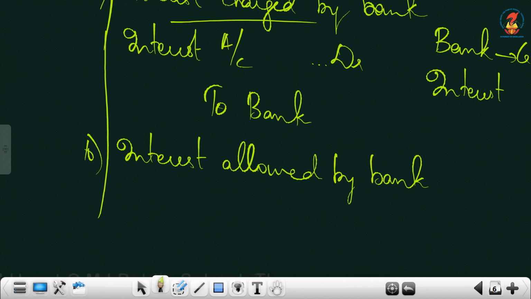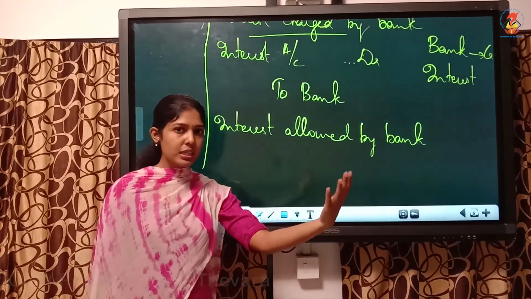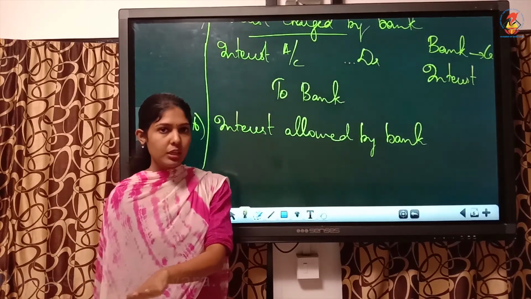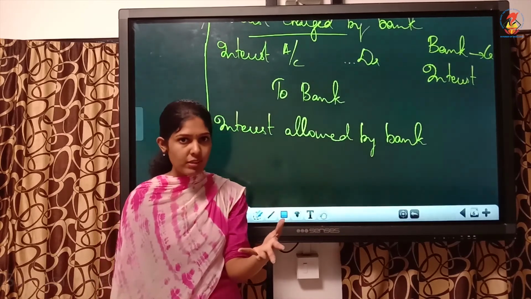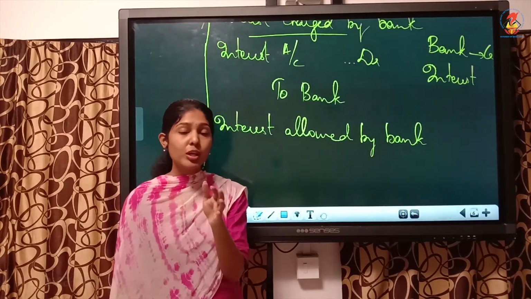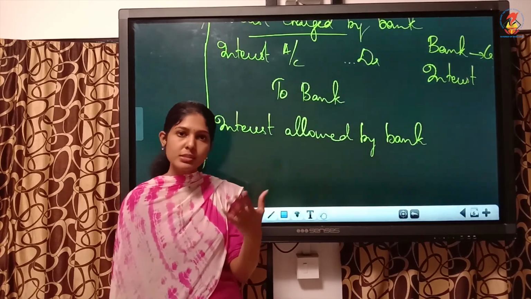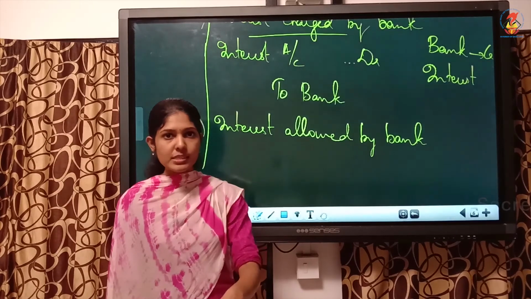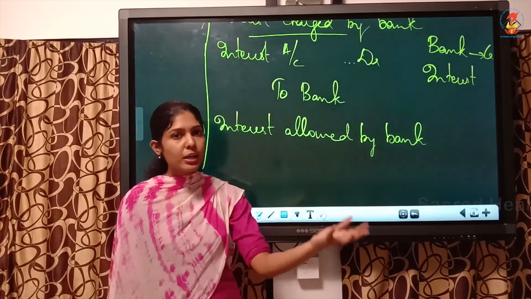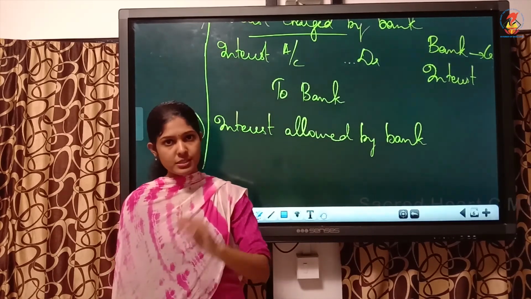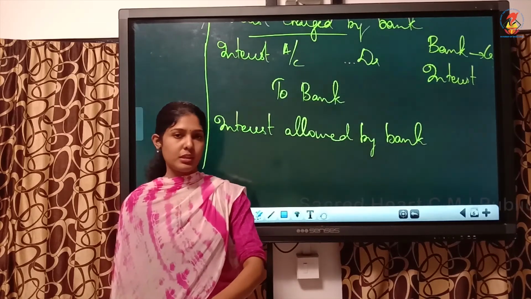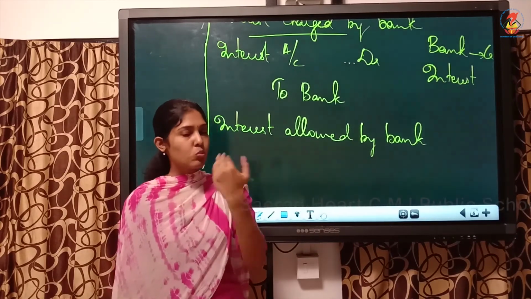Yes, interest is allowed by bank means bank is giving interest to our account. Meaning suppose you opened a savings account, or usually the firms will be opening only current accounts. We people will be opening savings account, and on these deposits, bank will normally provide interest. That is something which we are getting.